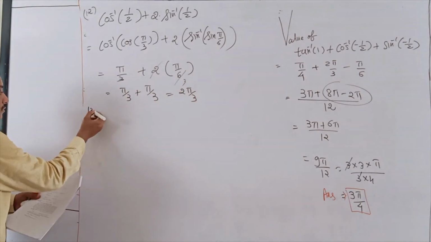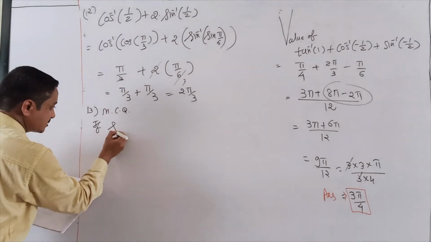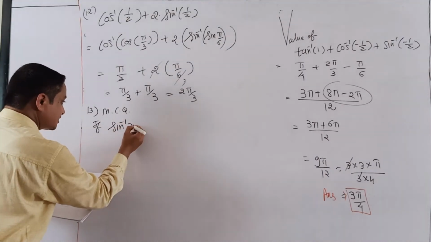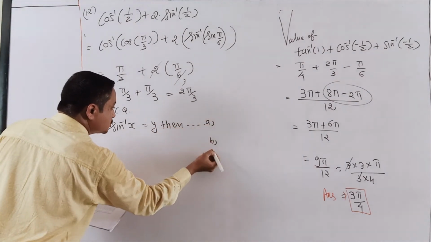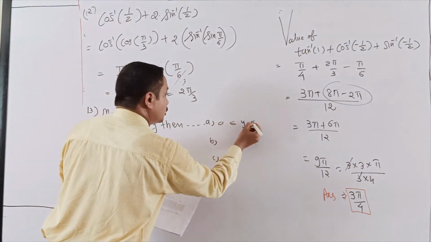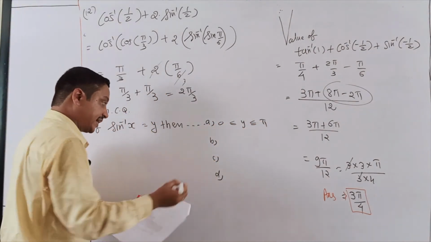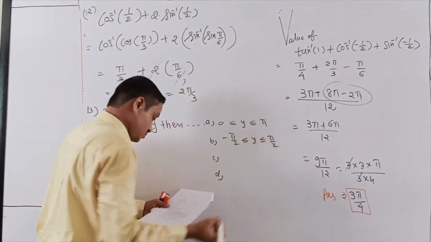Now 13, one of the MCQ type questions. If sin inverse x is equal to y, then asking further MCQs, 4 options. First, 0 to pi. Second, minus pi by 2 to pi by 2.